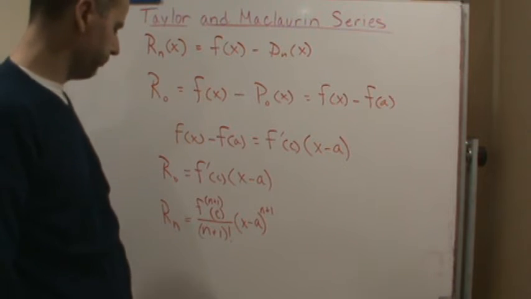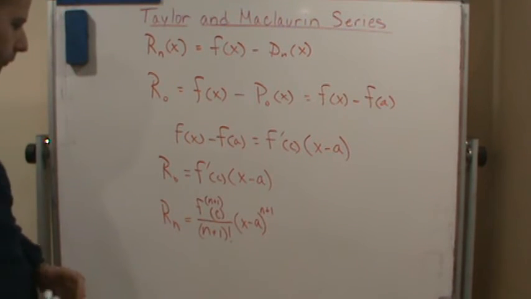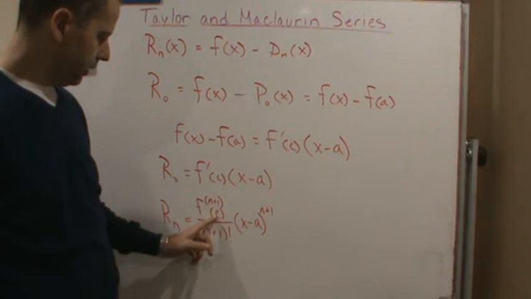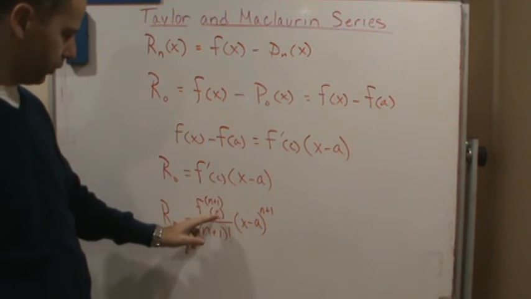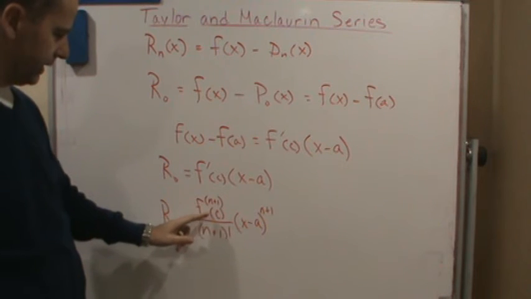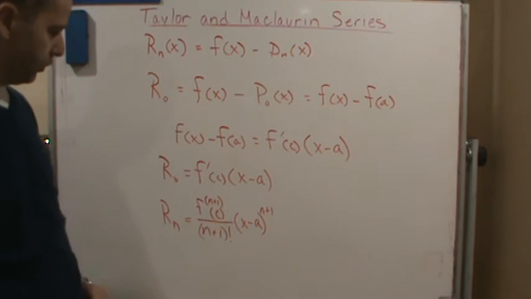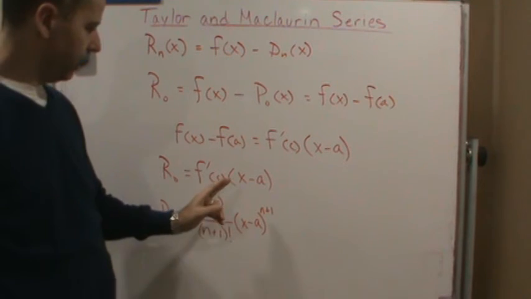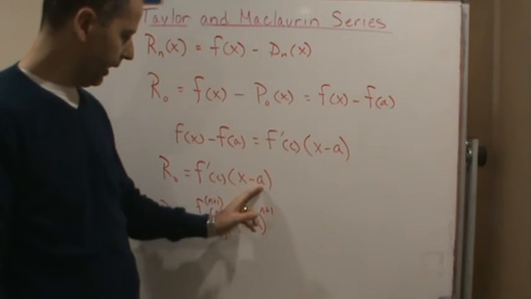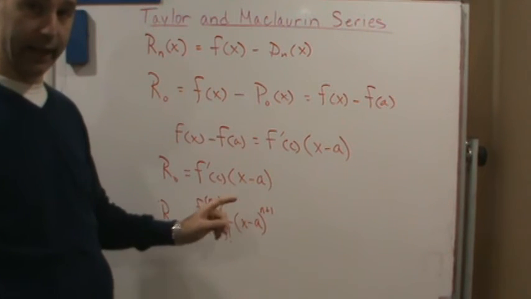Okay, so now notice that c is in the numerator here. It's important to realize that c is used in the numerator. Also that c is between x and a. It's not equal to a.